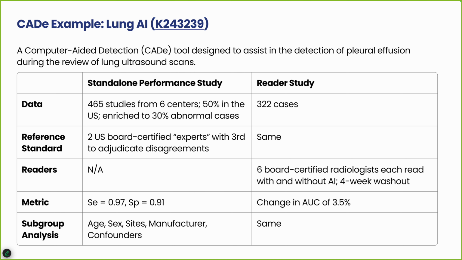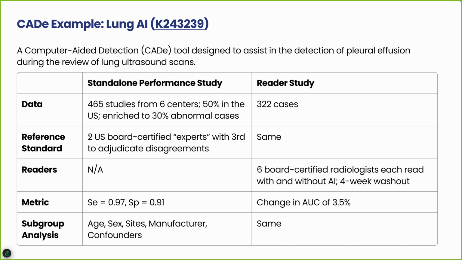The other thing I'd point out here is if there's the opportunity to use pathology or some other means to define the right answer, like the reference standard, you should use that. But often with radiology or imaging AI devices, that's not possible, and so the reference standard will be defined by expert consensus.